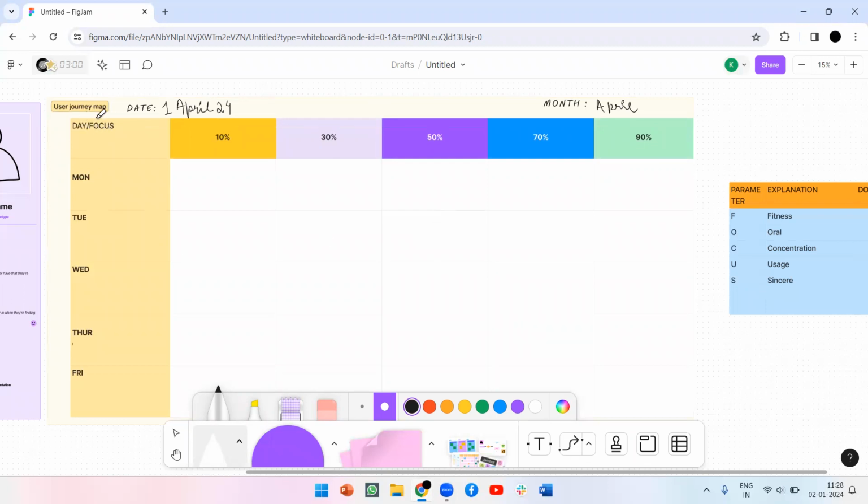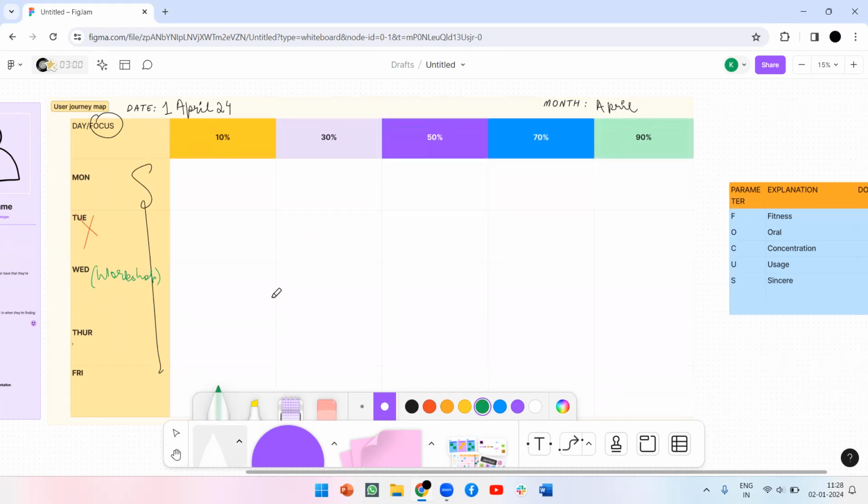Now, how do we study that focus? What does focus mean here in this chart? There will be 5 working days, and you can assess your class for the 5 working days. If any holiday occurs, you can just put a cross over that particular day. If that day has a certain workshop, you can simply write over here that the whole day is occupied by a workshop or something important.